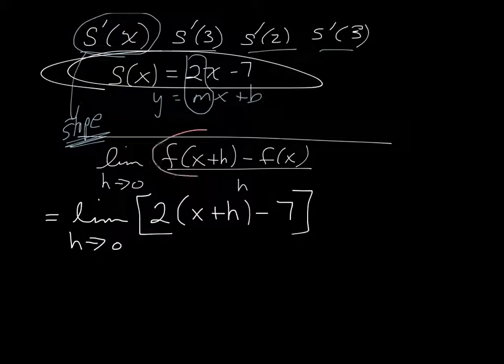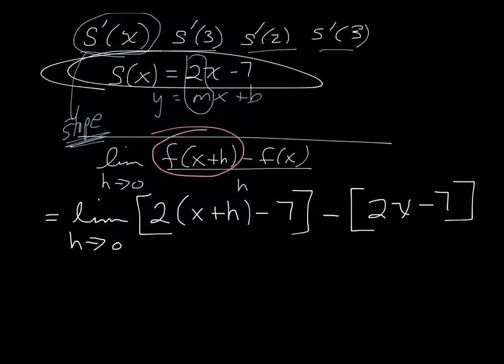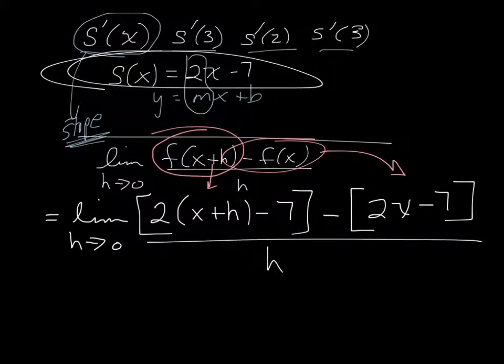That's this piece. And then minus, where you see an x, plug in an x, which is just my original equation. And that's that piece. So that's there, and that's here, all over h.